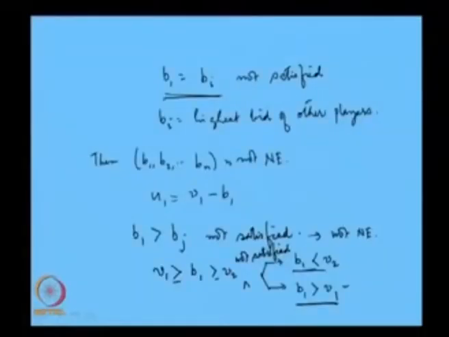So, again there is a profitable deviation for player 1. We have basically shown that if these conditions of A are not satisfied, then we do not get Nash equilibrium, which means that Nash equilibrium implies A.